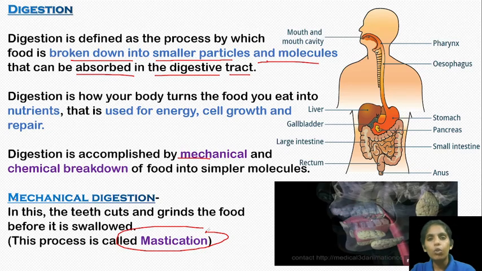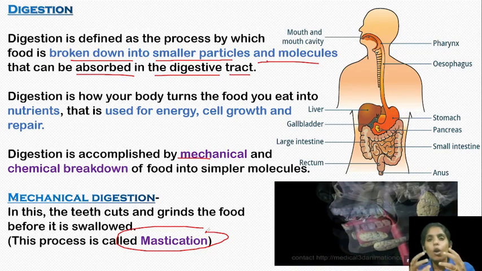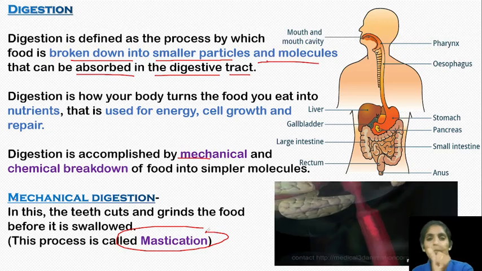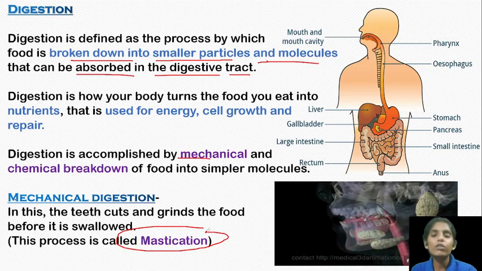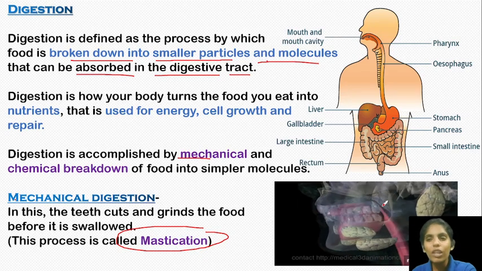So when we eat food, the food will be mixed with saliva, and the food along with the saliva is ground by the teeth, and as a result, a soft mixture of food will be formed. A soft ball-like mixture of food is formed, which we call bolus. So here in this clip, you can see a small ball-like structure.